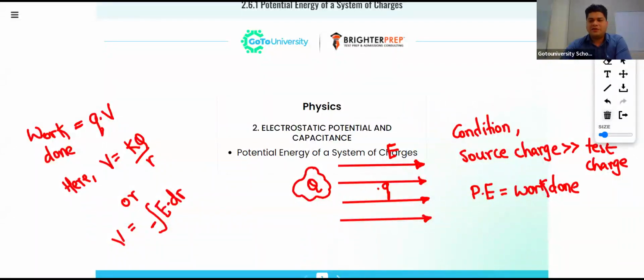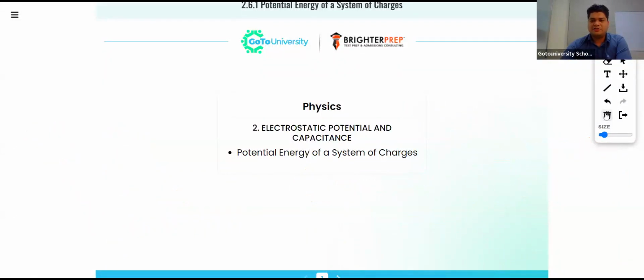Yeah, let's dive into the concept. What if there will be multiple charges? For multiple charges, I'm just giving you the revision for this. This is a very short topic.